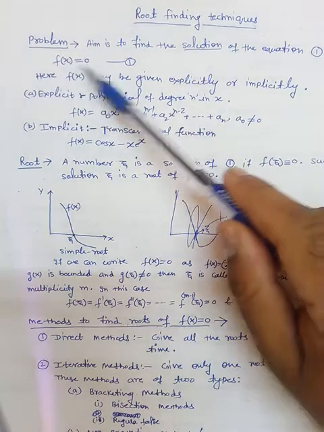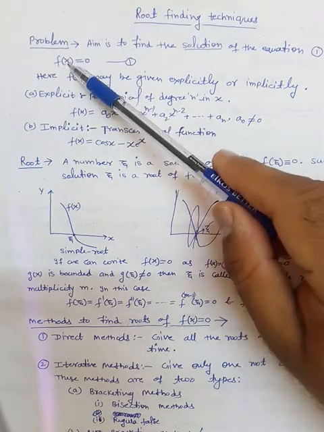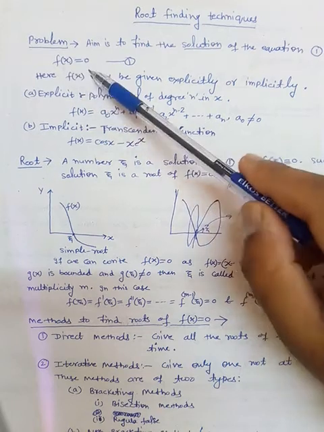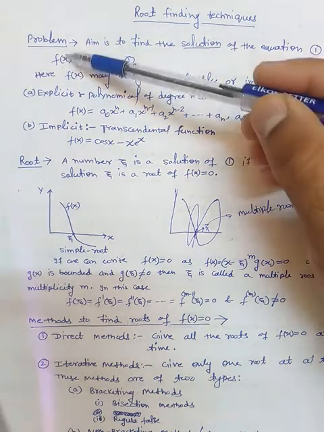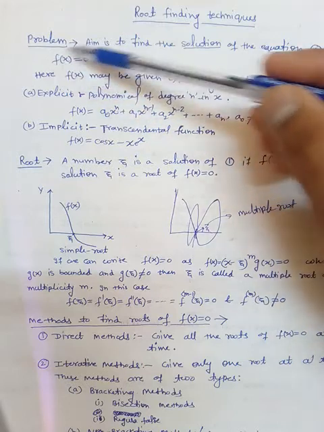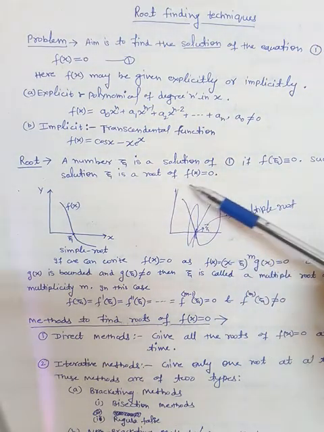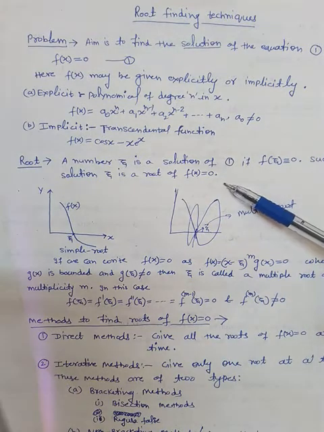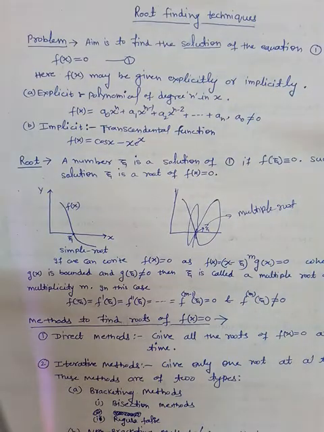That means the left hand side will be 0 and the equation is exactly satisfied. So we are trying to find those values of xi for which the left hand side itself is 0, and such a solution xi is a root of f of x equals 0. So whatever satisfies it, we are trying to find that xi.